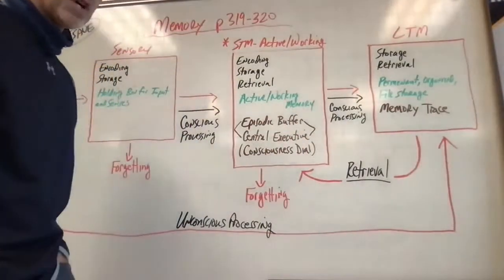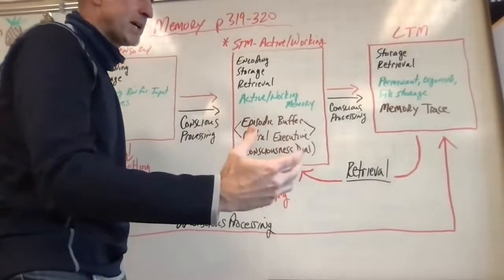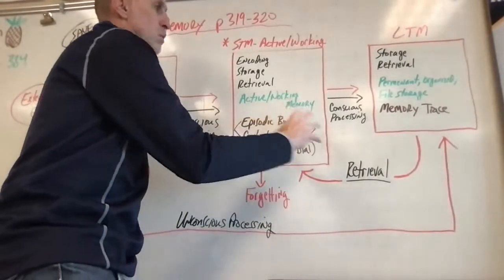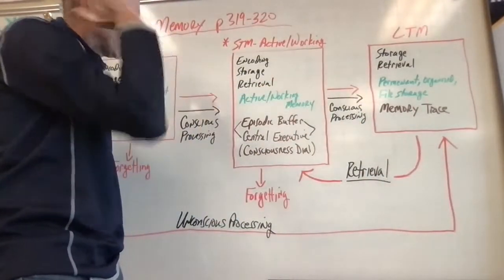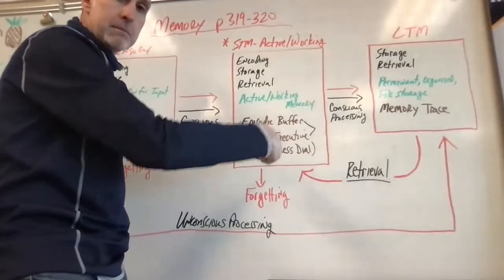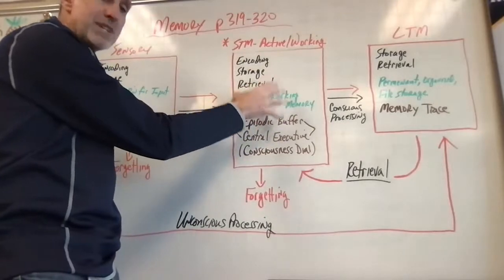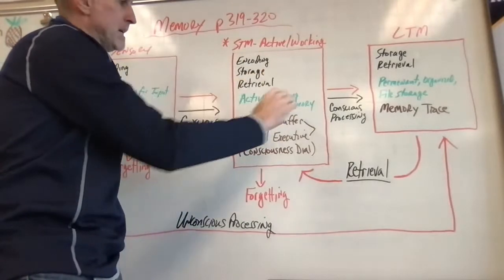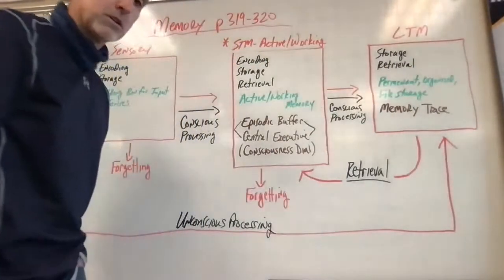So again, when we talked about our consciousness dial, when you wake up in the morning, your active working memory is going to pull in the information that it needs for you today. And it's going to hold it there for you to use. And it's going to do that each day, all right? So the stuff that you continually pull and that you need, it's going to keep here, okay? Then once you're done with it, it'll drop it or it'll pass it on into long-term memory, okay?